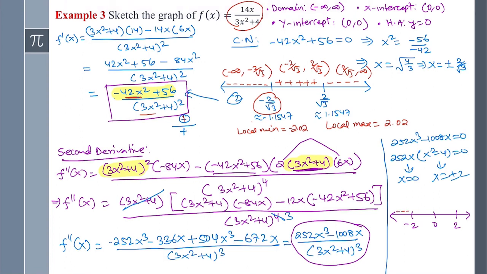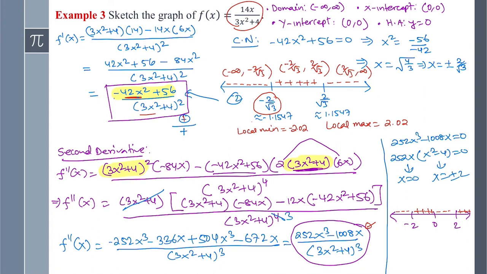Between -2 and 0, if we take -1 and put it into our second derivative, we'll get a positive number. You can try this using your calculator. If we pick 1 and put it into our second derivative, we get a negative here. And similarly, if we take 3, we get a positive here. So the function is concave down, up, down, and up.